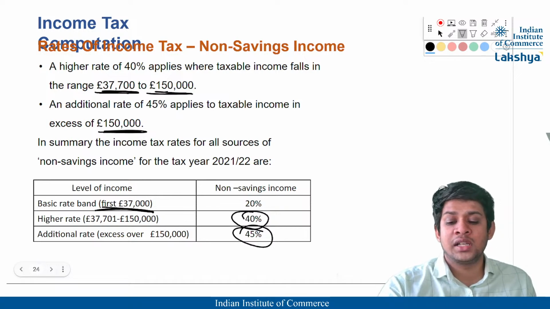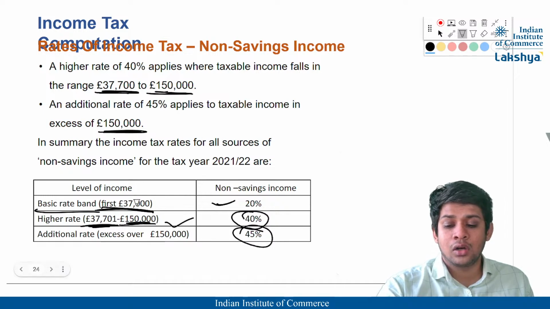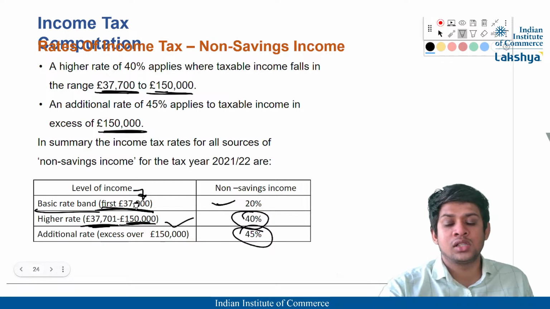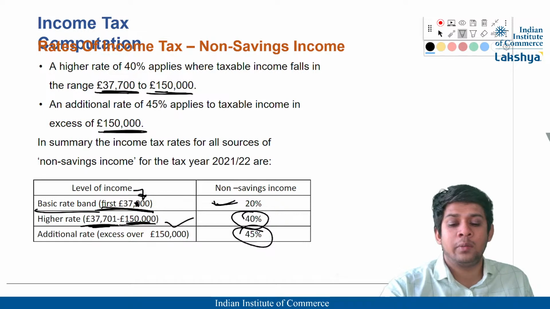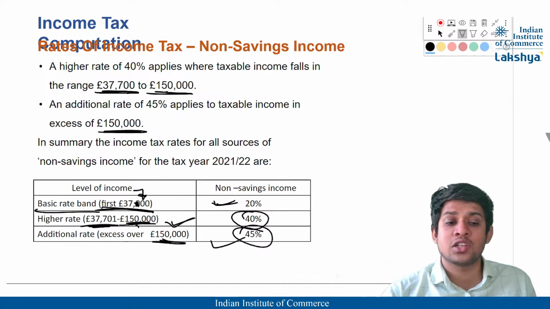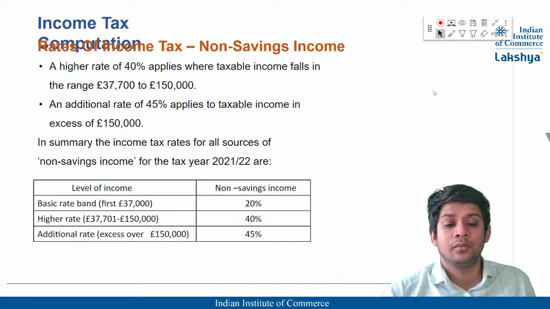For the first 37,700 pounds, it is 20%, the basic rate band. From 37,701 to 150,000, 40% is charged, and above 150,000, 45% is charged on non-savings income.